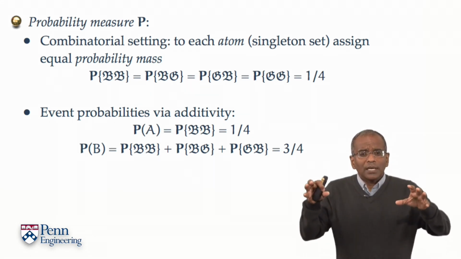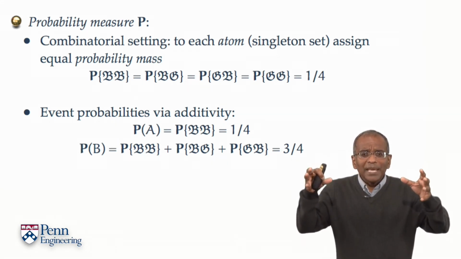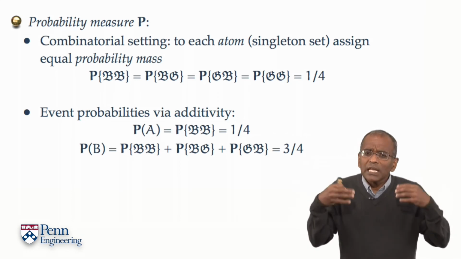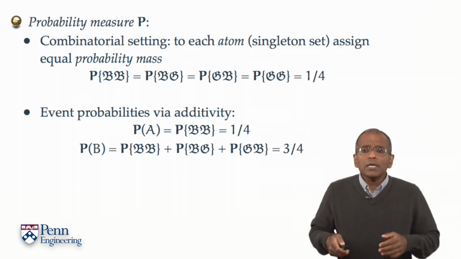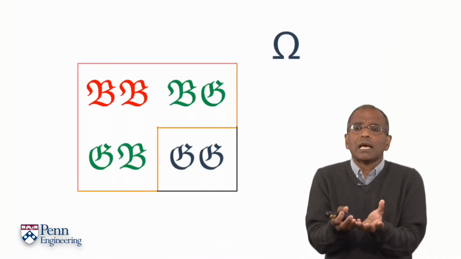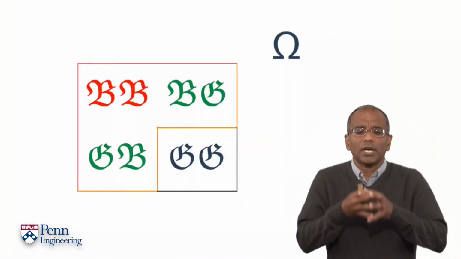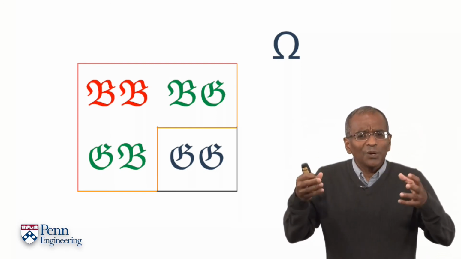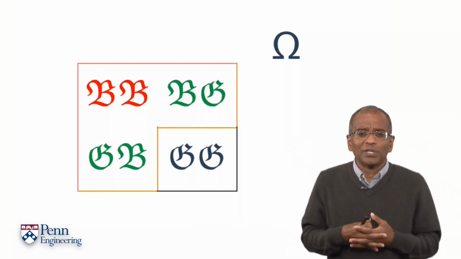A picture can sometimes help to make these abstract concepts a little more vivid. So suppose we write down the 4 elements of the sample space in this stylized picture that I've shown you, color-coded to help us notice what the various elements are.